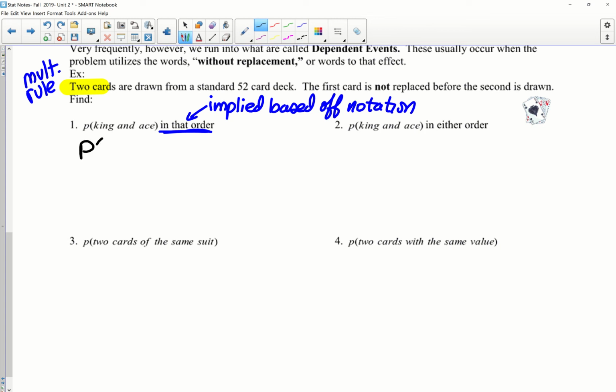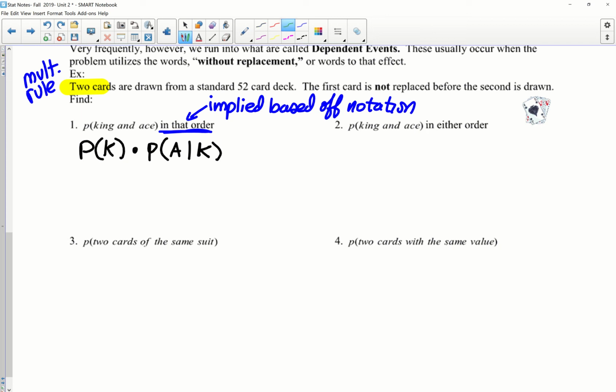So probability of getting a king times probability of getting a king, I'm sorry, getting an ace. And I'm going to draw a vertical line, and then I'm going to write a K. All right.